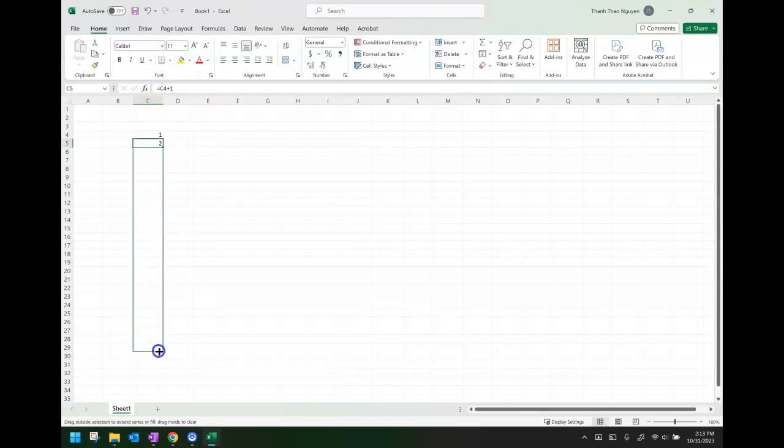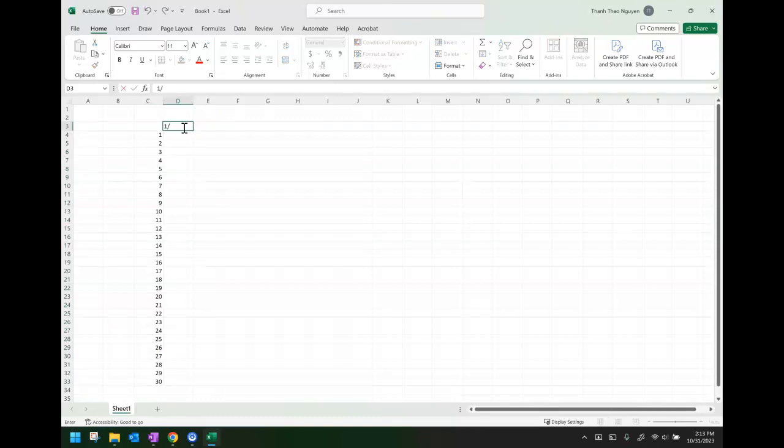Let's see what happens. Our formula here is 1 divided by 2 to the exponent n. Here we have our n.